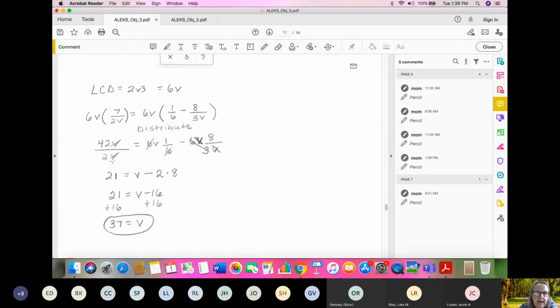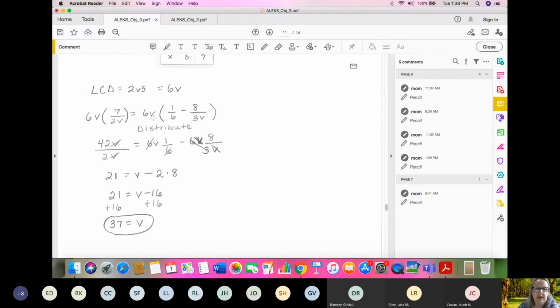So let's see what we can cancel here. Let me not get too far ahead of myself. 6 times 7 is 42. V, that V goes here. And then we have a 2V in the denominator. And the V's cancel. Equals. This is multiplication over adding a negative, so multiplication over addition.